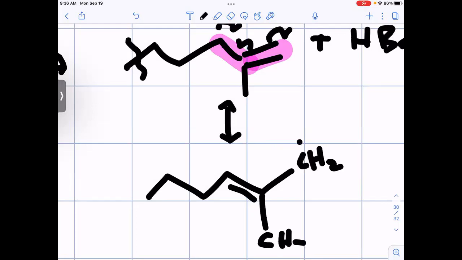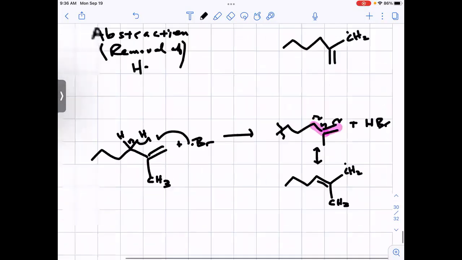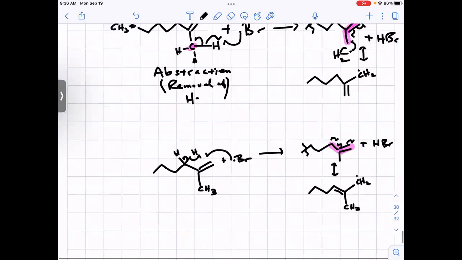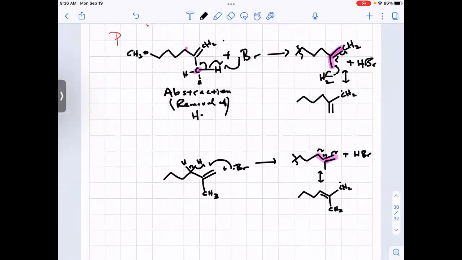This CH3 right here doesn't change. We don't touch that. So now we have these 4 radicals that are going to go into termination and give us our products. So we have 4 different products that we can expect. And we can answer that last question about which one forms the fastest, which one forms the slowest, and so forth. So let's do that.